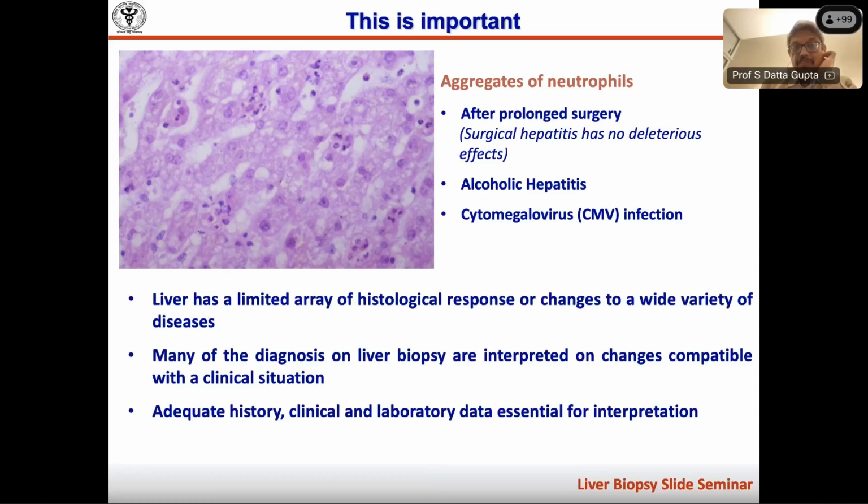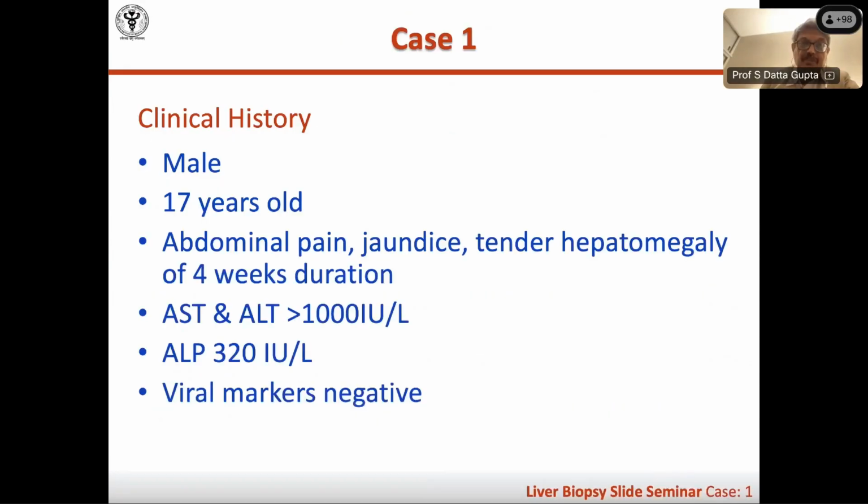So once again I am telling you, you must get adequate history and laboratory data, essential for interpretation. And you must remember, when you're doing a liver biopsy, you're sampling 1/50,000th of the liver only, not the entire liver. So you need a lot of this to be done.